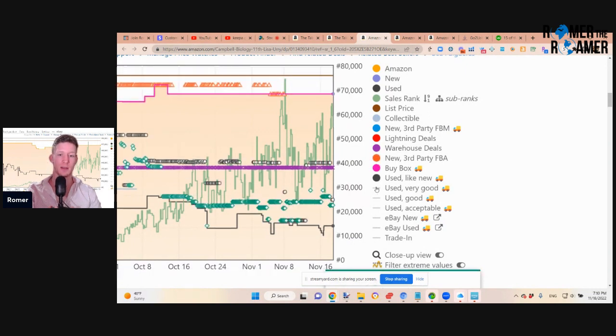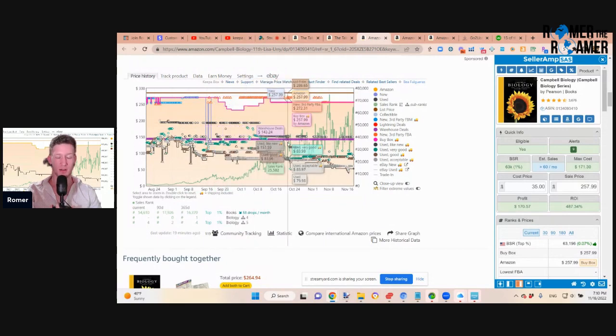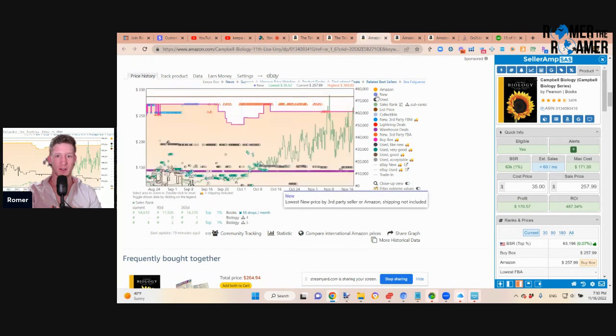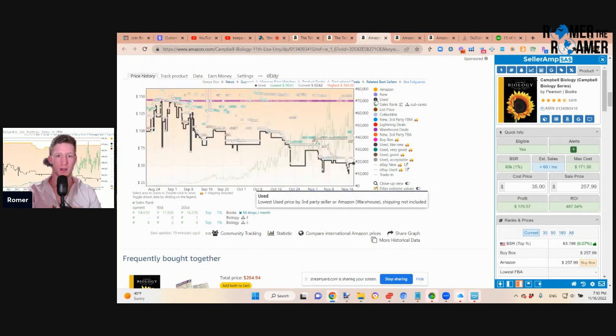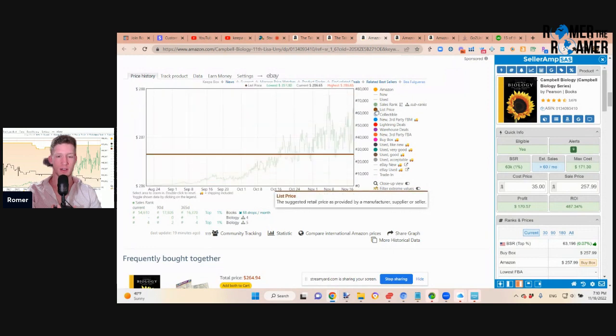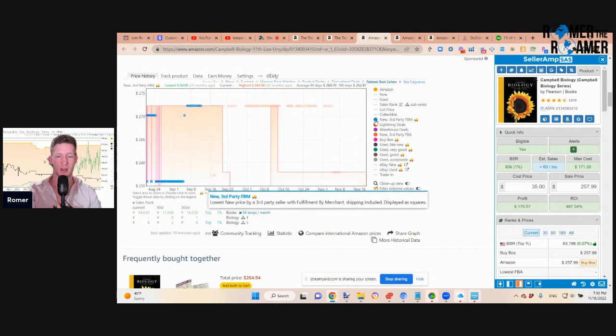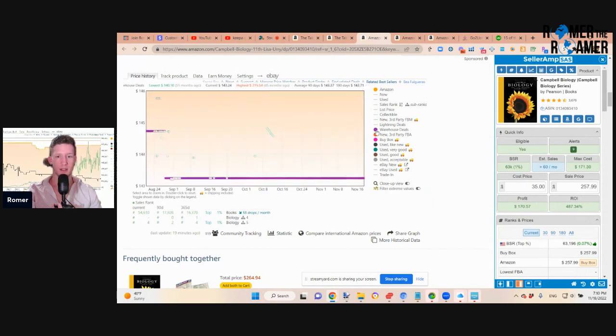But one thing I like about Keepa is that it's obvious what is the dominating color in this graph. It's orange, and that means Amazon is selling it. So if we take away all these other things, price, new, sales rank, list price is basically worthless. I wouldn't really pay attention to that. A lot of this stuff doesn't matter.